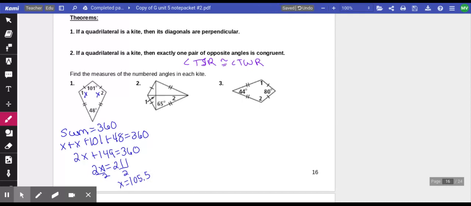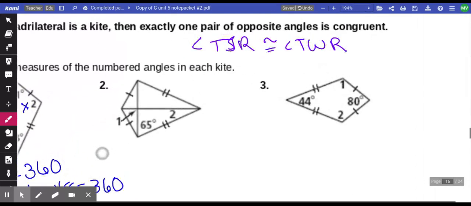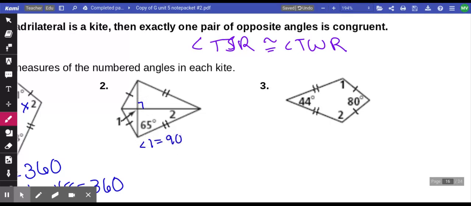So when I look at number 2, I'm going to zoom in on it. There we go. Angle 1 is right here where our diagonals meet. Well, remember, our diagonals are perpendicular. So that means angle 1 equals 90 degrees. Now to find angle 2, I'm going to focus on the fact that that's a right angle. So I'm going to look at this blue triangle that I'm making here.